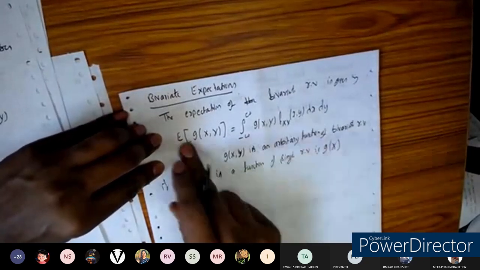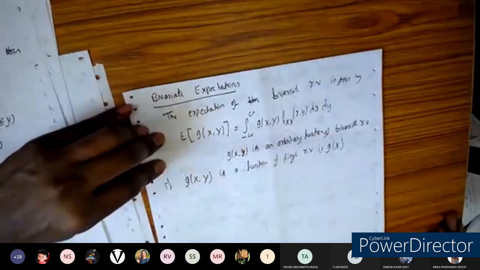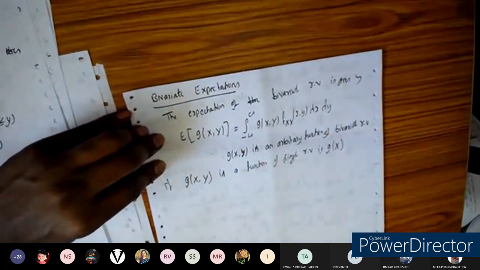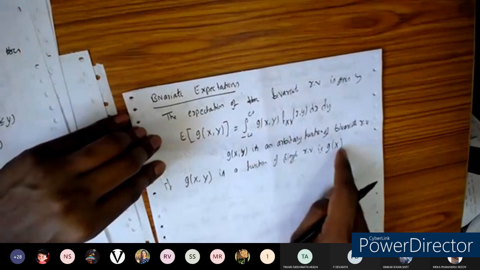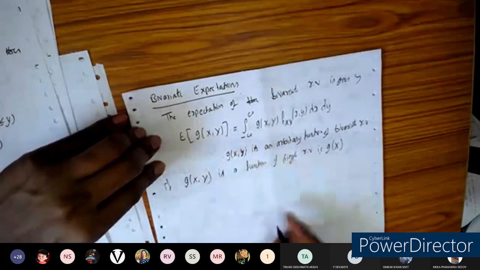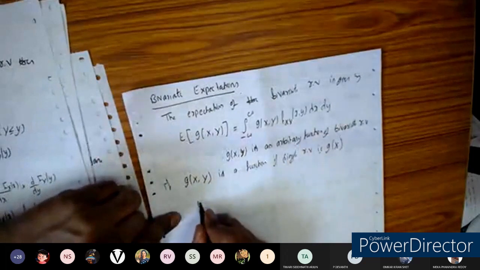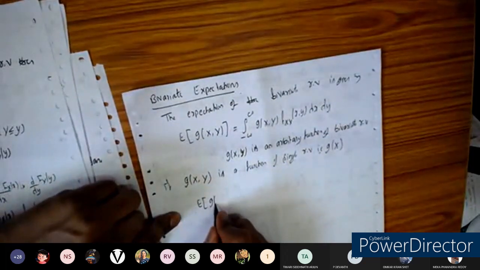Let us see what will happen to this expectation. Getting the concept here, no? Here I have taken a function of two random variables. Suppose g of x is a function of a single random variable, let us see what will happen here. I'm going to substitute and find out the expectation of this one.